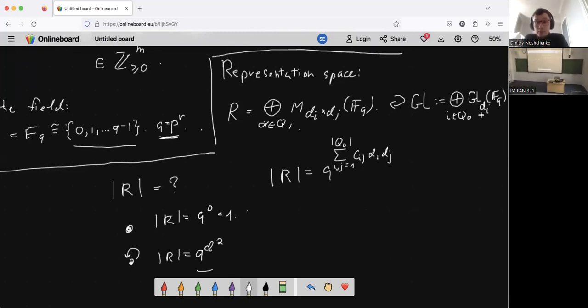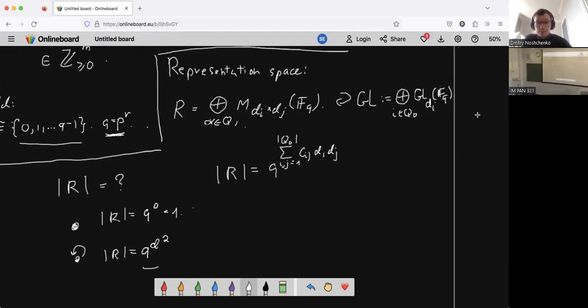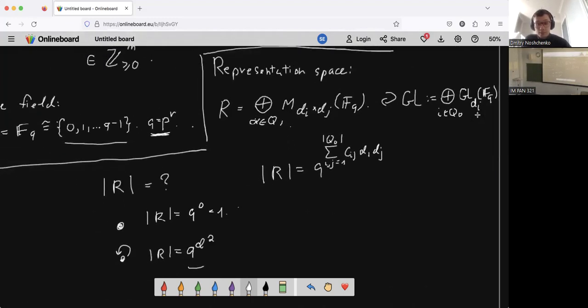And how is this action explicitly defined? We can write it as conjugation of matrices.